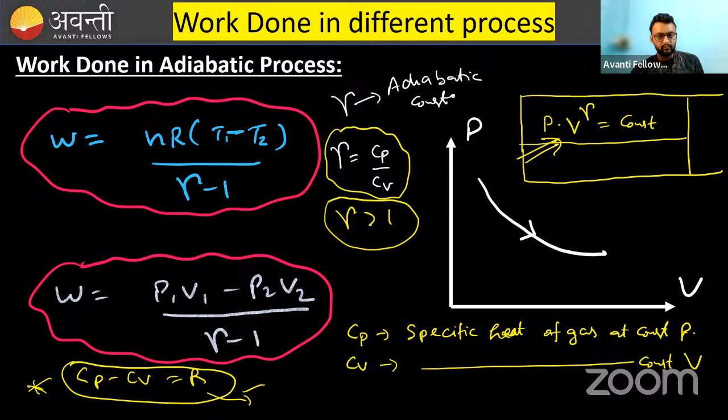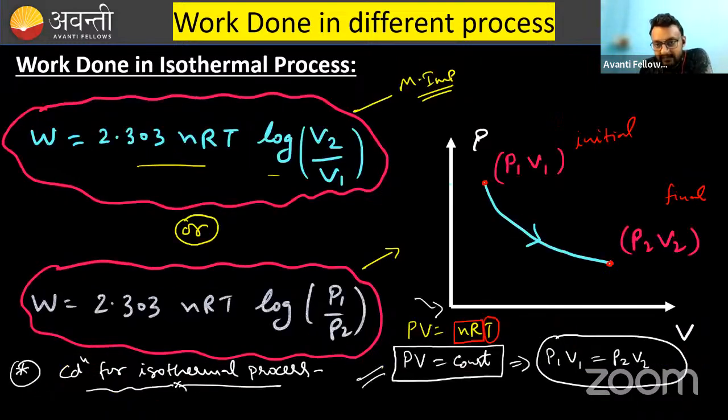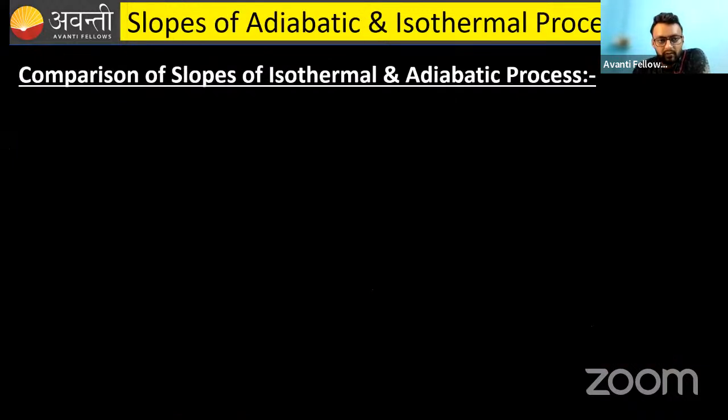Moving further. One thing you have judged till now is that, look at the graph of the adiabatic process and the graph of the isothermal process. They are almost similar. Then there is a very famous question: comparison of slopes of isothermal and adiabatic process.